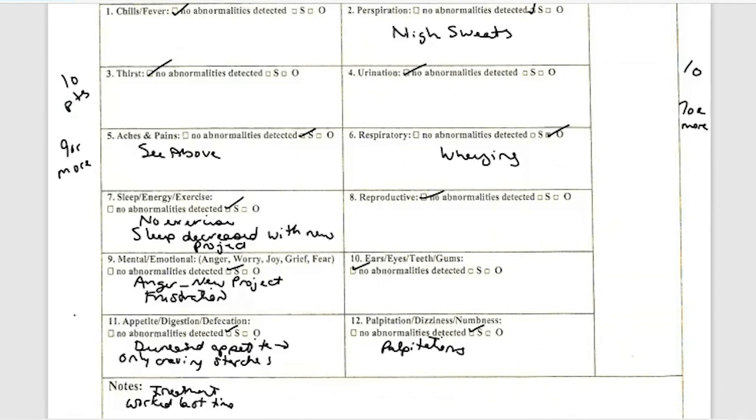I know whenever you're first starting out, you're thinking, well, I'm not sure what I'm doing. I don't know how to interpret these things. Maybe your practitioner can help you out with that, or you can do a little bit of research. Night sweats, let's say that's kidney insufficiency. Wheezing, well, you have a couple of different options. It's going to depend on whether it's inhaling or exhaling.